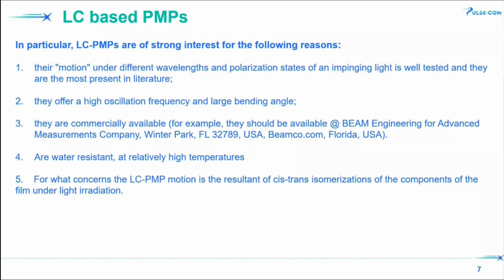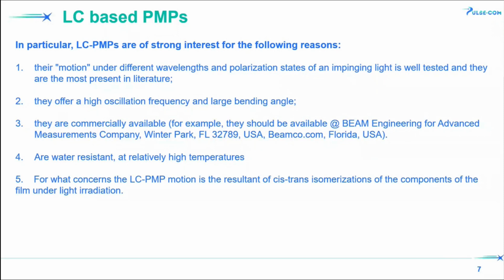And as Professor Zeng showed, they have an incredible bending angle, so you can do a lot of things. And of course, one of the most important things, they are commercially available. So you can buy, for example, from BEAM Co in the US or in recent years even in Europe.